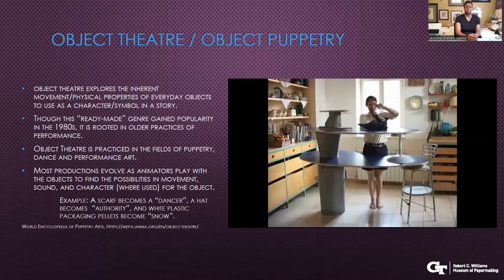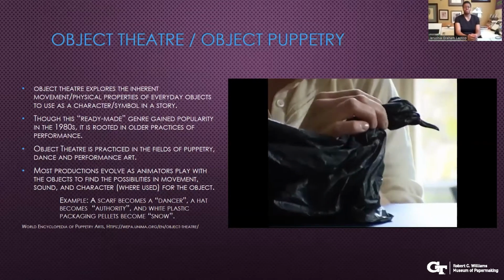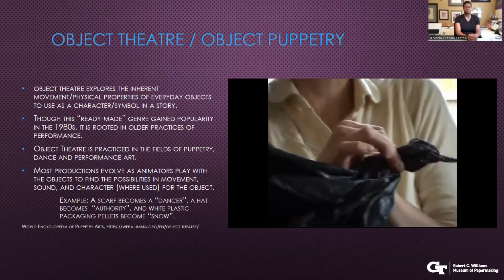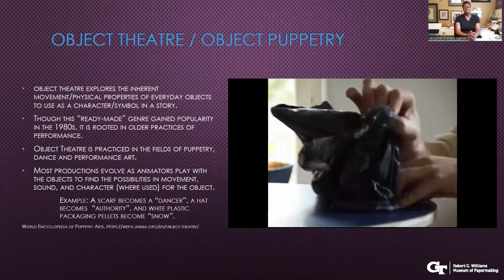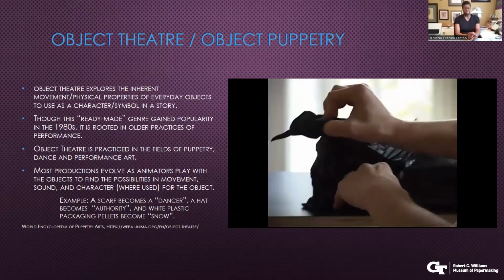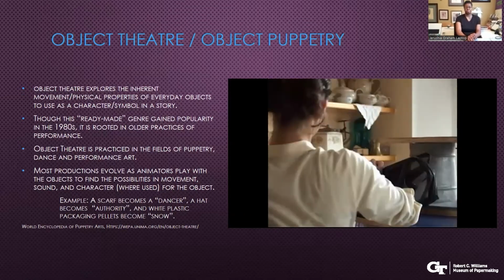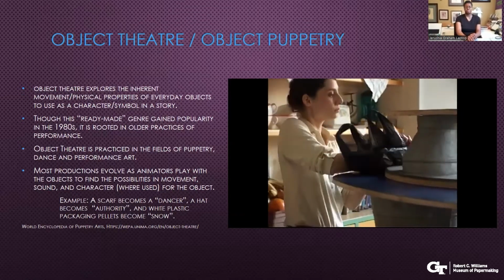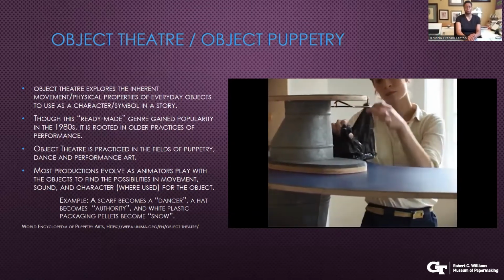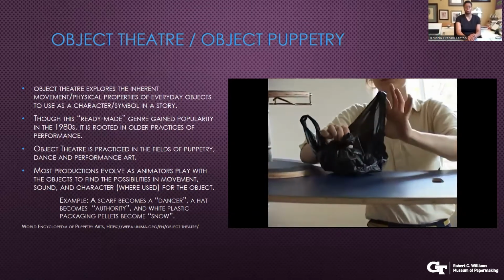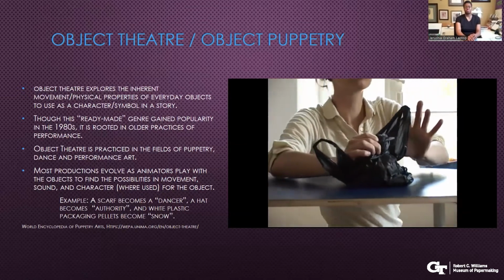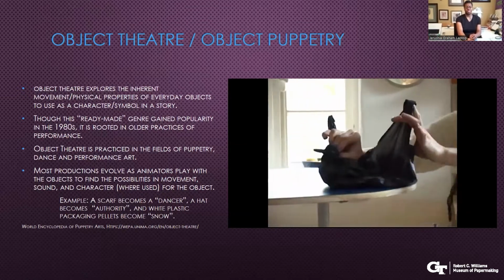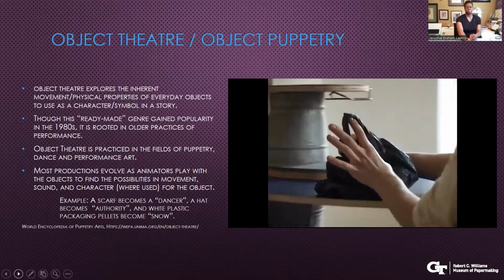And it really encourages the audience to use their imagination. So you can see that that plastic bag has become a duck. This genre was made popular in the 1980s, even though it's rooted in older practices of performance. So you get the idea.